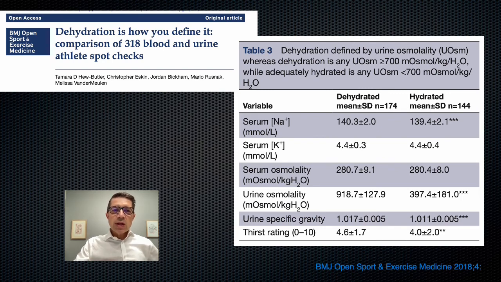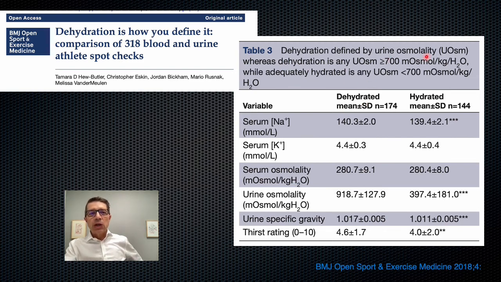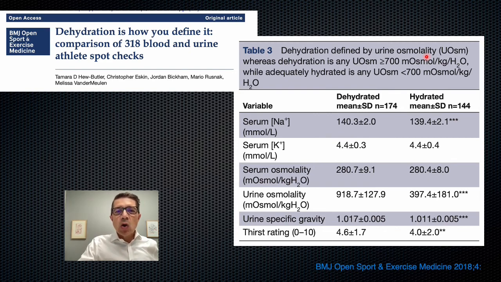So this is what they did in this study. They took dehydrated subjects according to more than 700 milliosmoles per kilogram using the American College of Sports Medicine cutoff point. And they called the subjects that had concentrated urine dehydrated. And they took the ones with less than 700 and called them hydrated or euhydrated. And they measured plasma sodium, serum potassium, serum osmolality, urine osmolality, urine specific gravity and thirst.